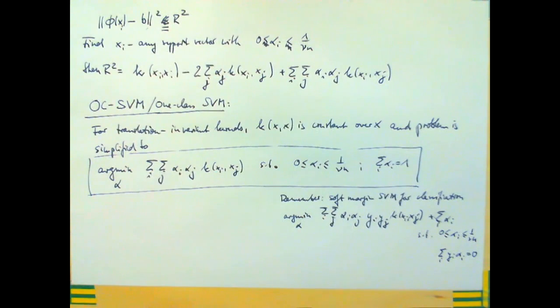Okay. Now, in terms of interpretation, what does it mean to have a translation invariant kernel? K of x being constant means the following.